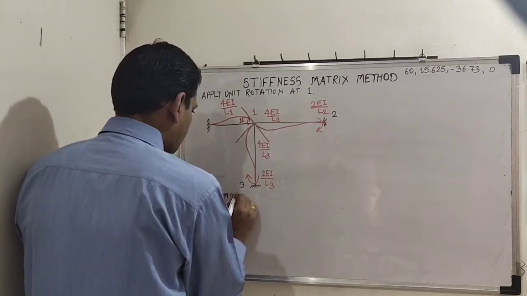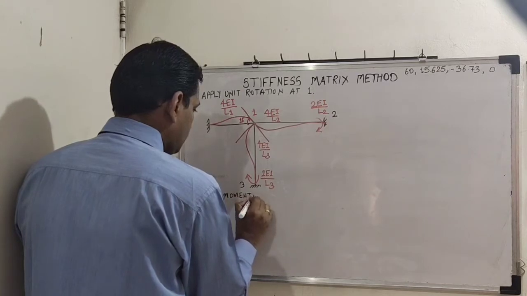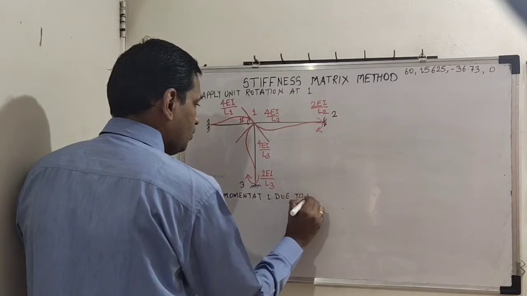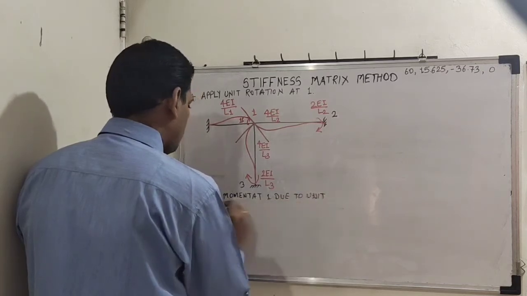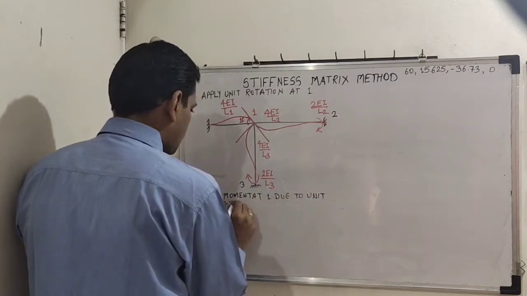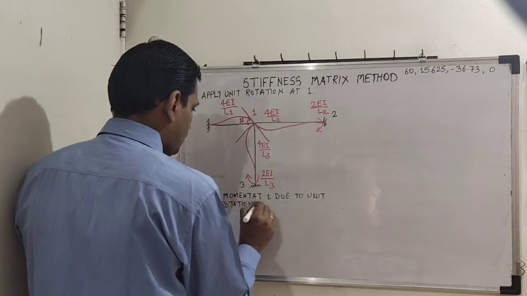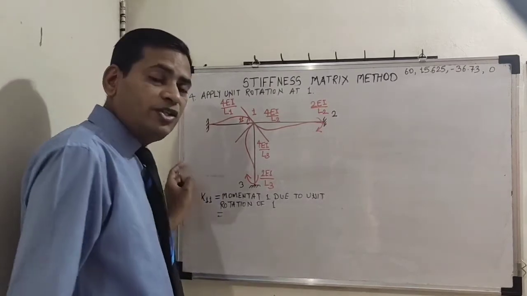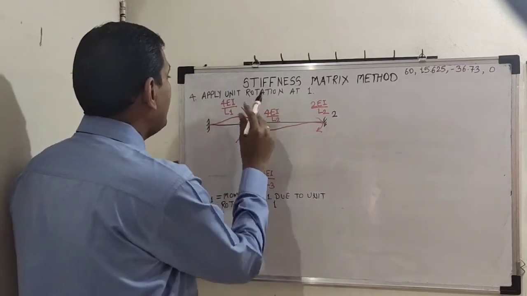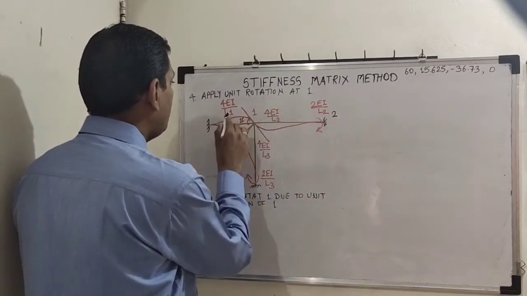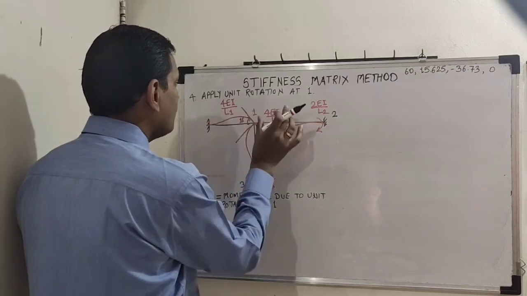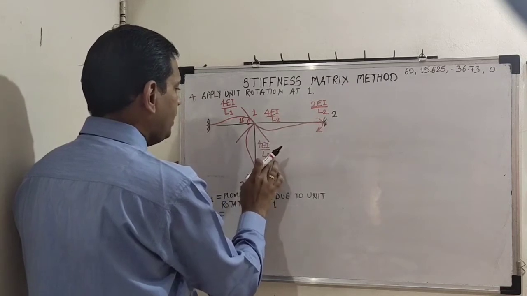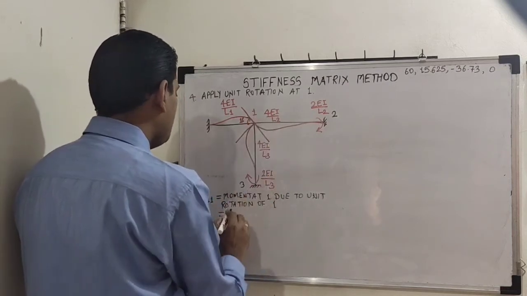Moment at 1 due to unit rotation of 1. K11. So how many stiffness values are there on location 1? There are 3. 4EI by L1. L1 will be of span AB. 4EI by L2. L2 will be of span BC. 4EI by L3. L3 will be of span BD.